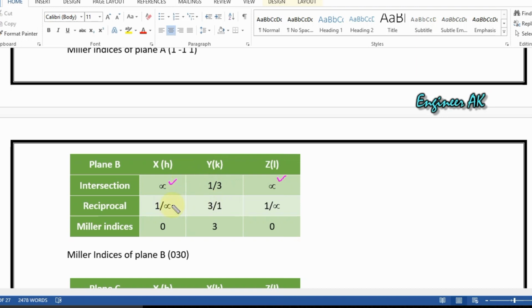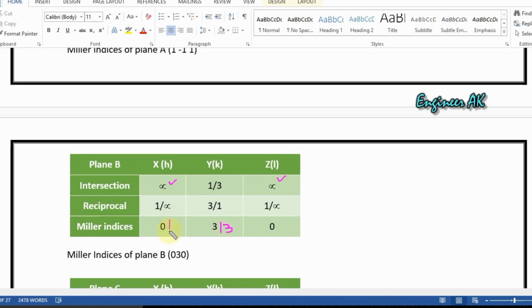Then taking the reciprocal, 1/infinity becomes 0, 1/(1/3) becomes 3, and 1/infinity becomes 0. So we get 0, 3, 0. I told you to try to reduce it to the simplest numbers, so we can divide all of these by 3, right?